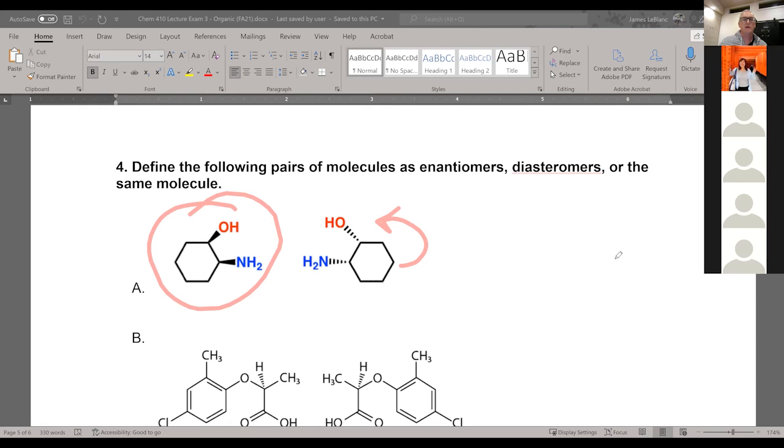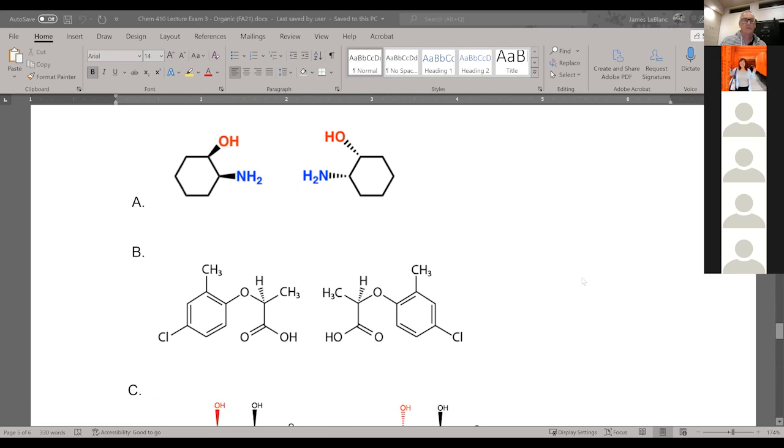So the next one is a little tricky, because everything is in plane. This double bond is planar. So everything is planar except one group, this one. And they're mirror images of each other, right?